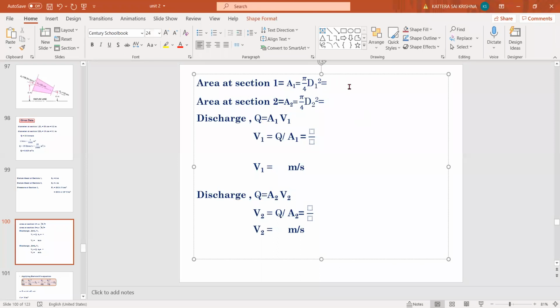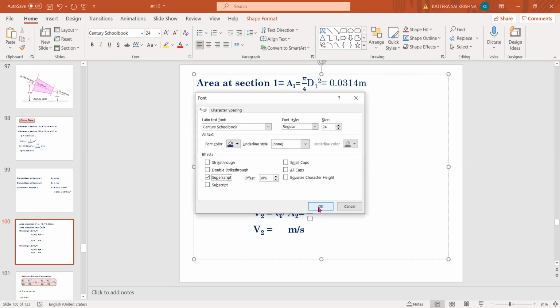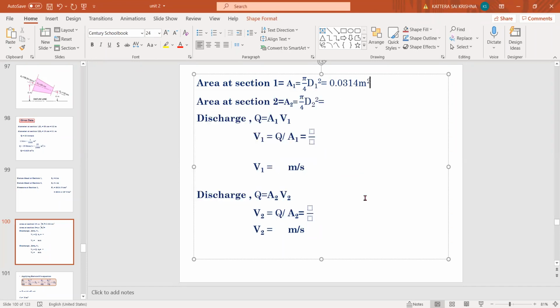Okay, please tell the A1 value after calculating. So pi by 4 into 0.2 square is 0.0314 meter square. Never forget units, meter square. So area A1 we have found out. Next, similarly, find the cross-sectional area at section 2, that is A2 is equal to pi by 4 D2 square.